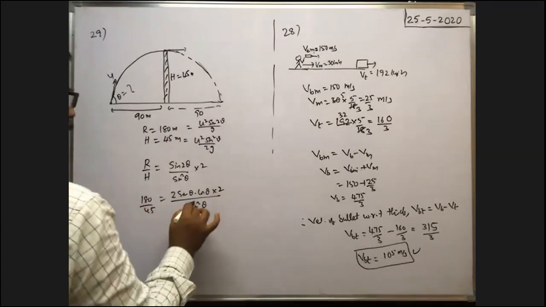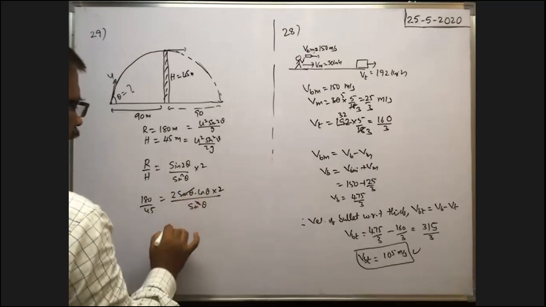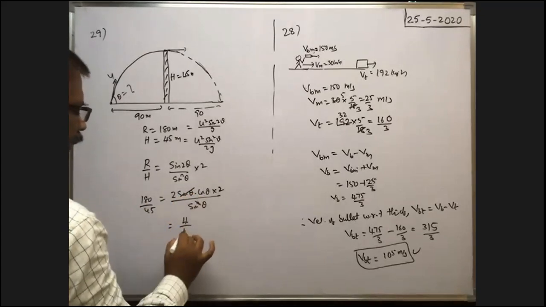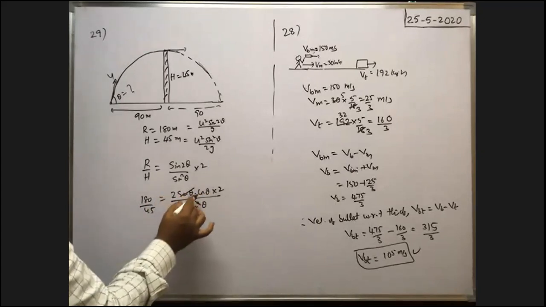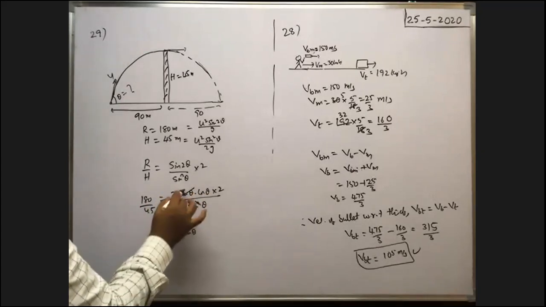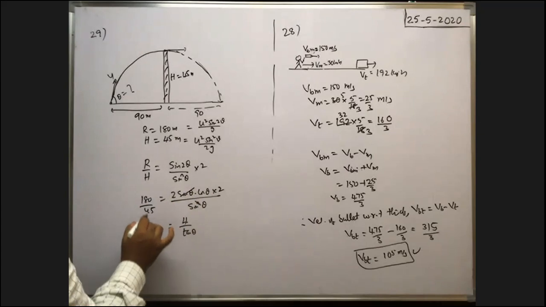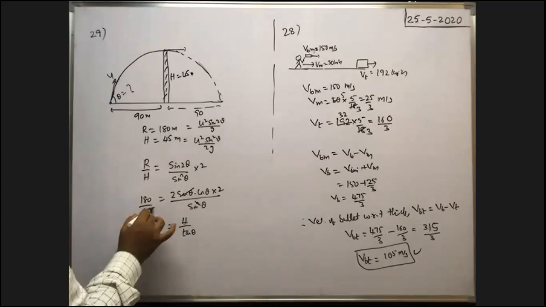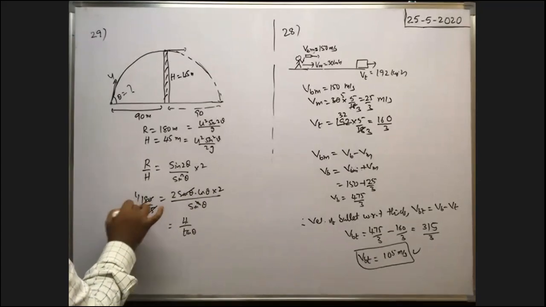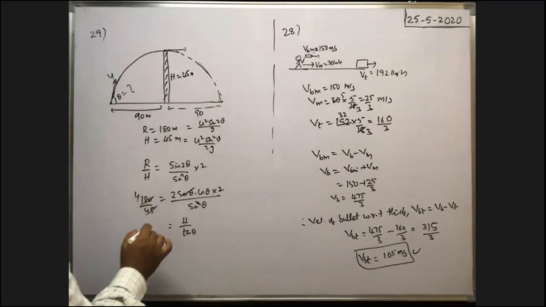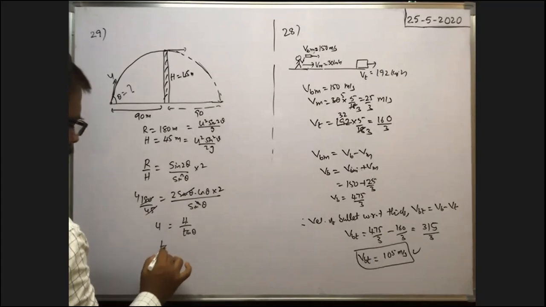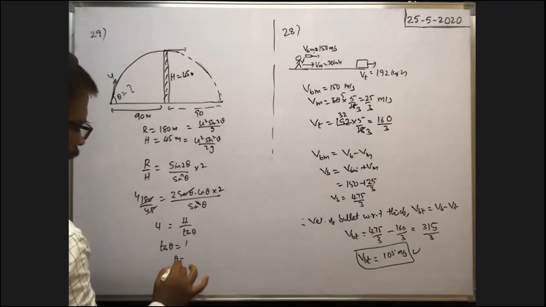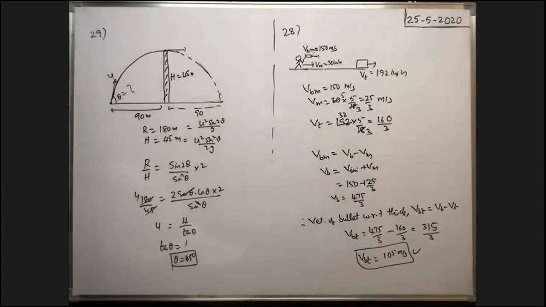Here one sine theta cancels. Therefore we can write 4 cos theta by sine theta, or 4 by tan theta, because 2 into 2 is 4. And 45 fours are 180, so the value is 4. Therefore tan theta is equal to 1, so theta is equal to 45 degrees. So the angle of projection is 45 degrees. In this way we have to do it.